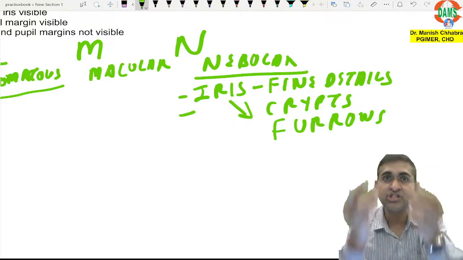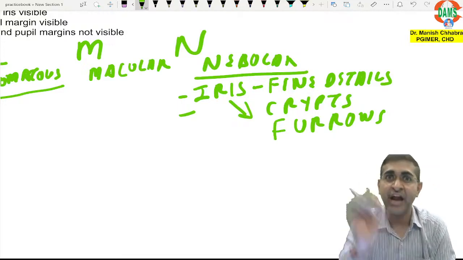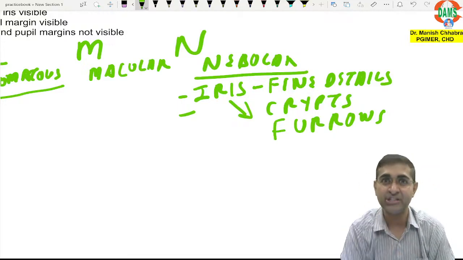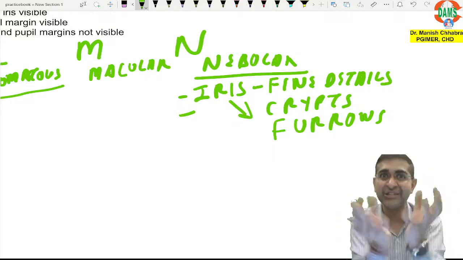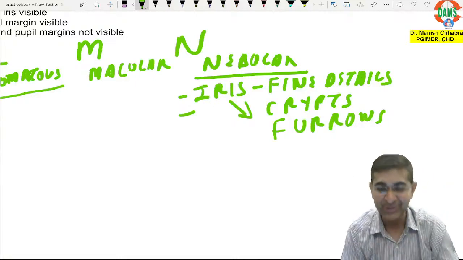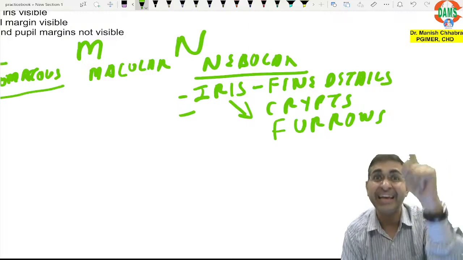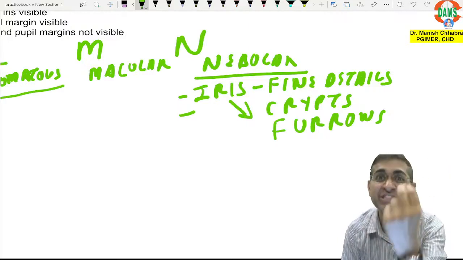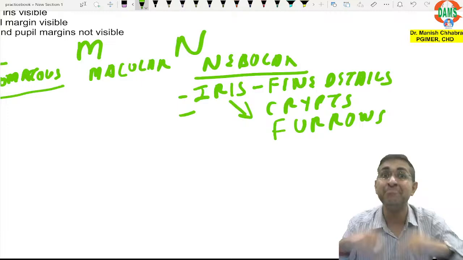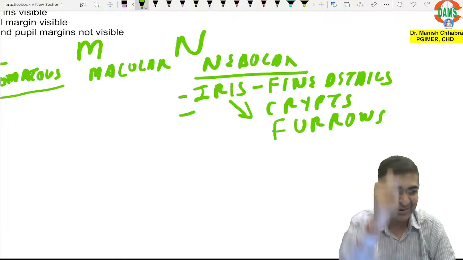Then the message is read for 30 seconds and then there is one audio message: this message will automatically self-destruct in the next 30 seconds, and then there is smoke coming out of the tape recorder. So that is actually the crypts and furrows of Mr. Ethan Hunt which are scanned, based on which the message is displayed to him. I hope you have understood.